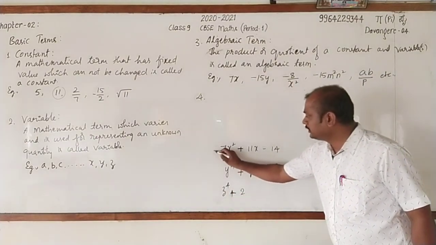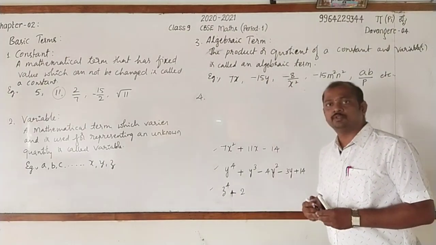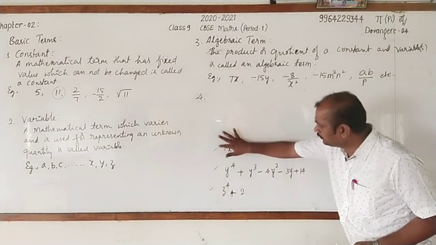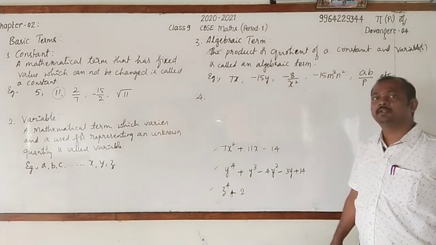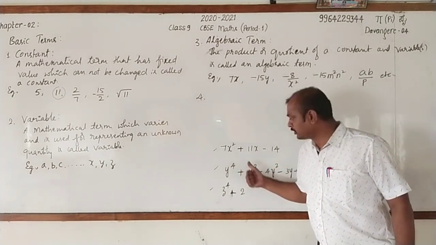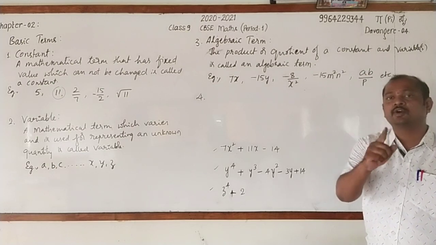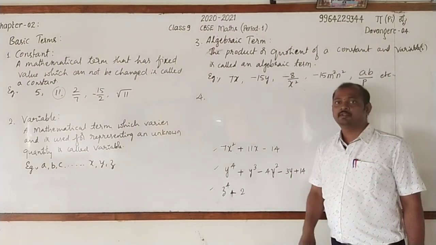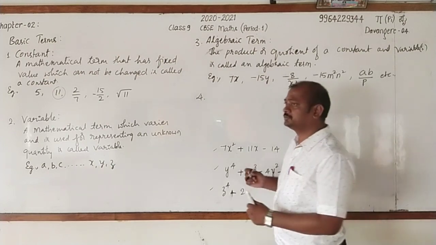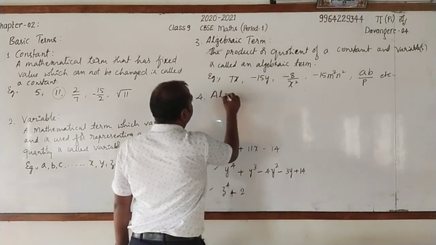See that by joining these algebraic terms using the fundamental operations, we have got a new statement. What is that statement? Each of these statements is called an algebraic expression. Got it? What is that? Algebraic expression.